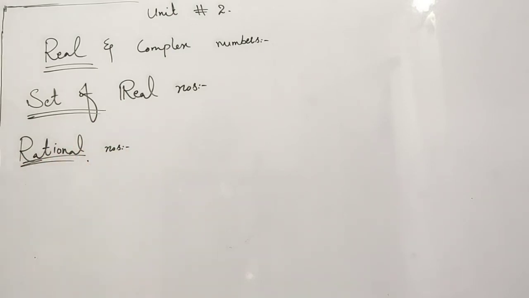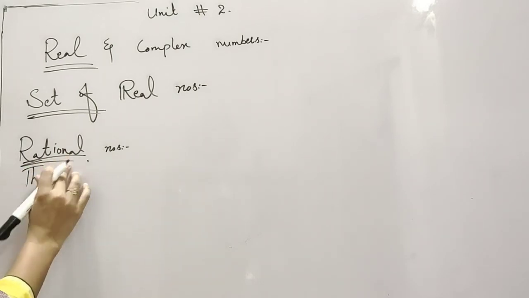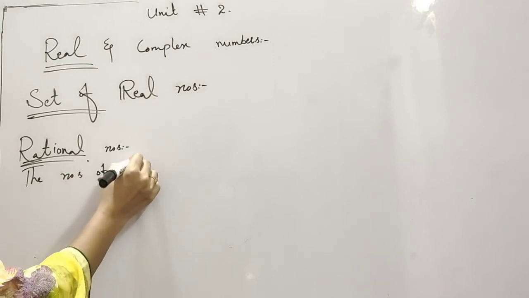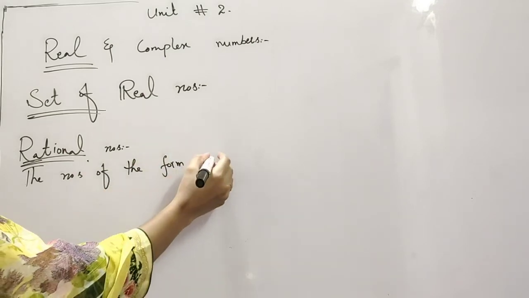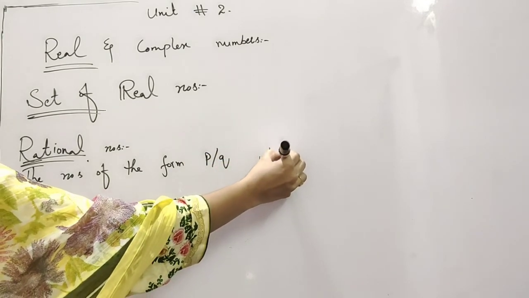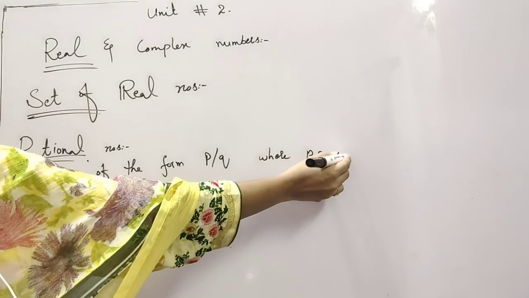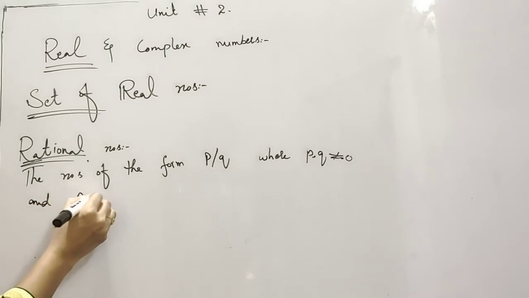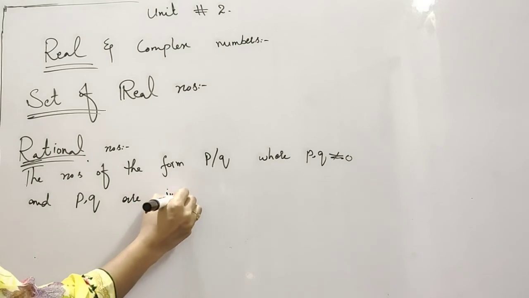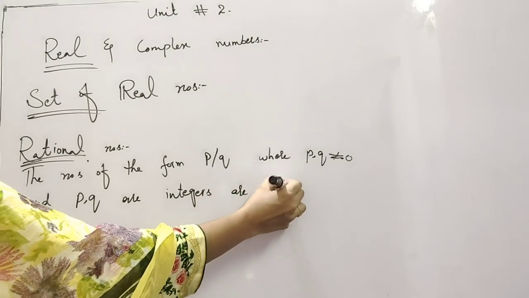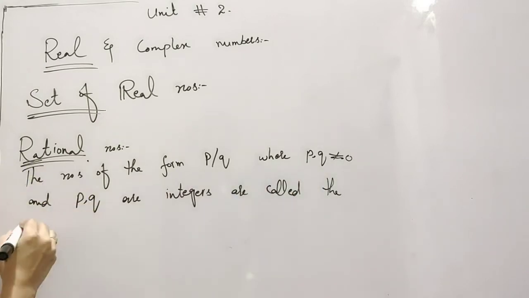So the numbers of the form p over q, where q is not equal to 0, and p and q are integers, are called the rational numbers.